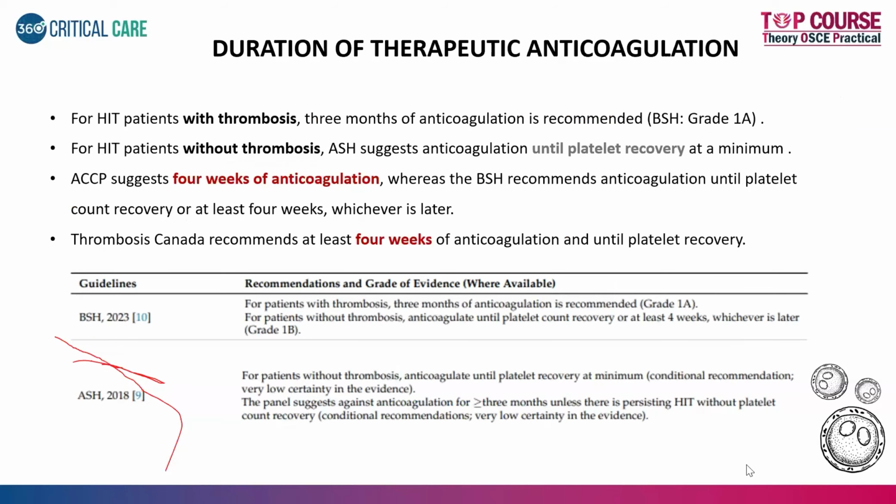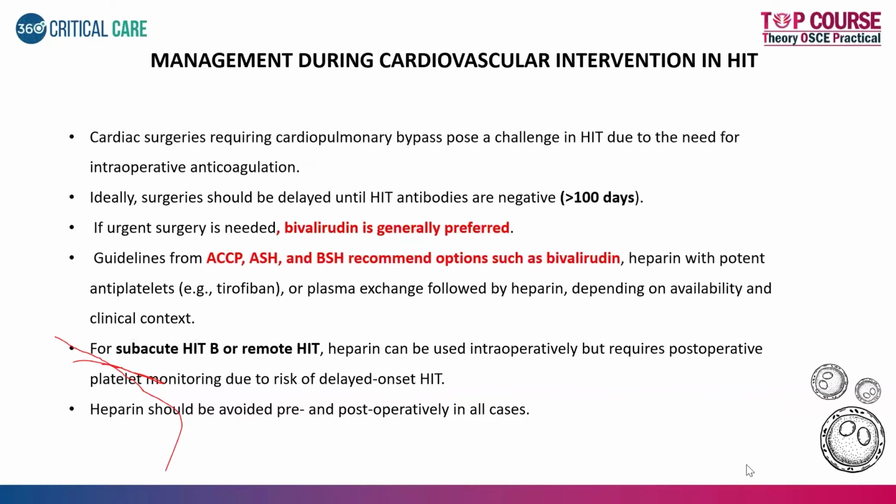So duration, I've already told you, 6 months with thrombosis; isolated, it is up to the point of platelet recovery. Despite these guidelines, both the British Society of Hematology and American Society of Hematology say at least till 1 month, definitely you have to do it in isolated HITT.